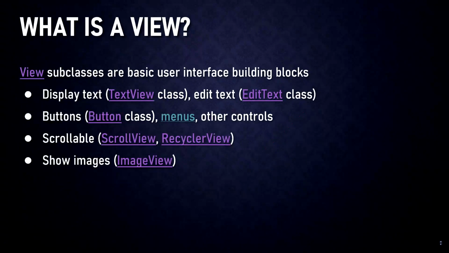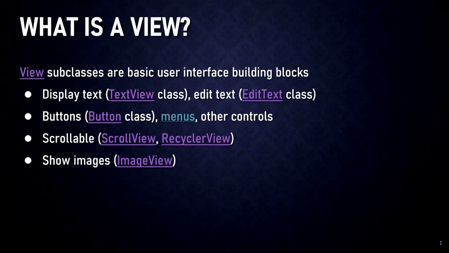So when it comes to the formal definition, by default we have many view subclasses that are basic, and they are also building blocks for the user interface. We can use text view for displaying text. We can use edit text for text that can be edited, so that if you want to take input from the user, you use this kind of view.